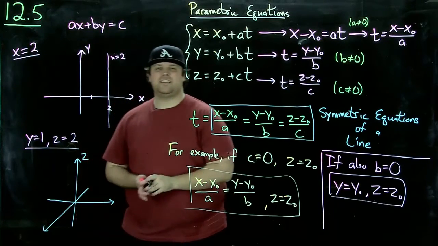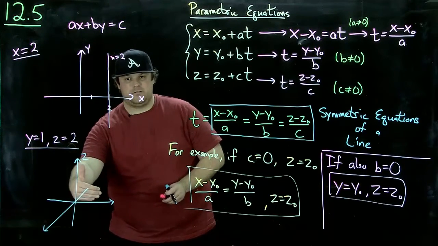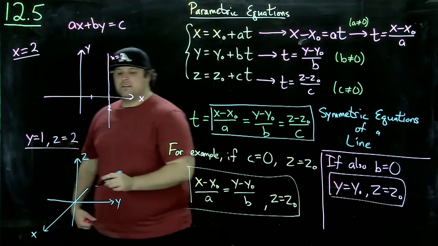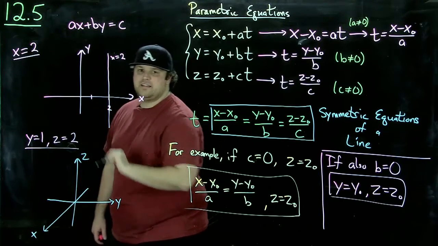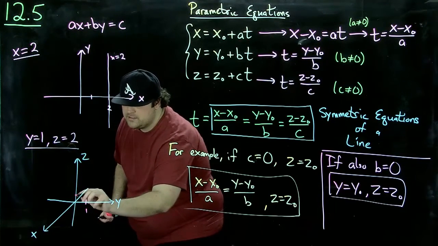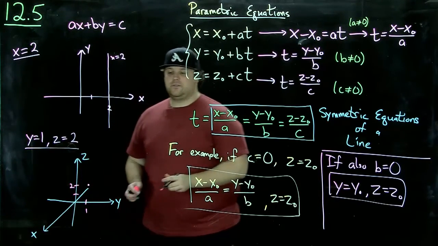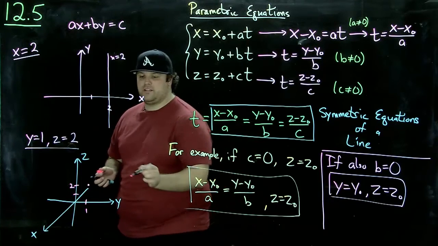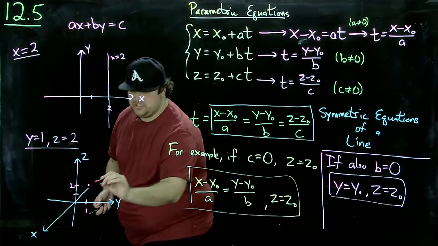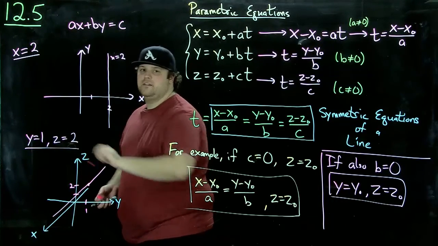So x has to be going out, y has to be this direction. If we specify that y is 1 and z is 2, there's one point, and the actual line is going to be parallel to the x-axis, because x is the only thing that can change here. Okay, so this is the line, those equations.